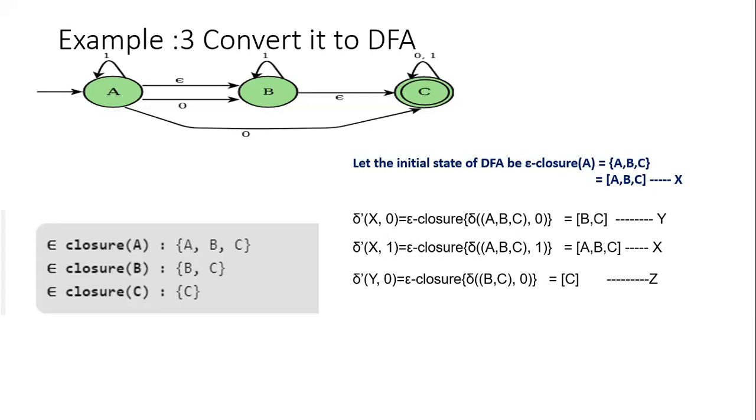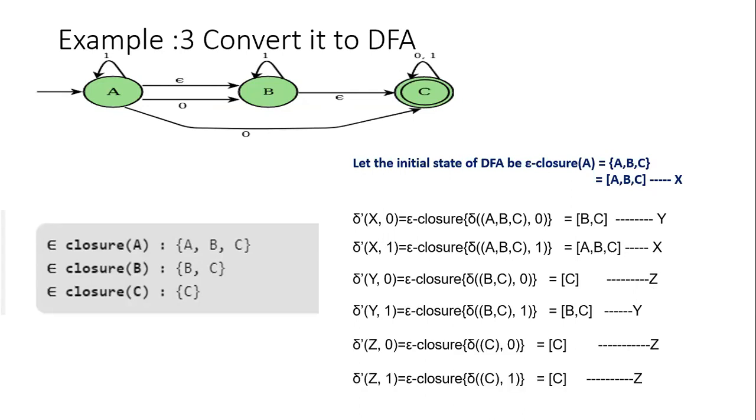Y comma 0 gives C. Have you got it? Yes, ma'am. This state we can name Z. Next, Y comma 1 gives BC, which we already have, so it is Y. We move to the next state, Z, and calculate Z comma 0 and Z comma 1.